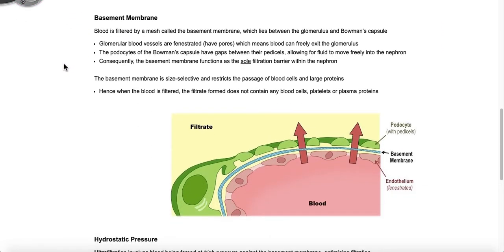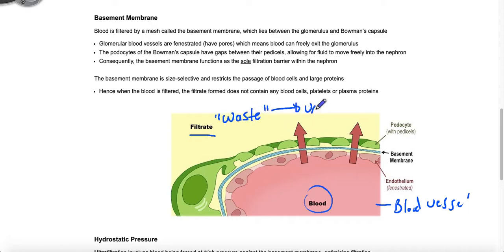So what else should we know about this basement membrane? So here, this is a good diagram showing you the blood vessel here. And then this area right here is showing you the filtrate. So remember, the filtrate is what begins the waste that is eventually going to turn into urine.